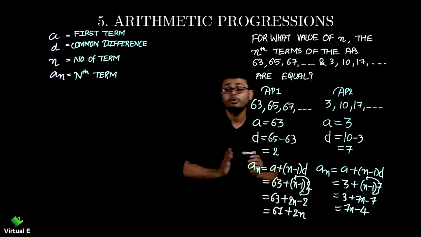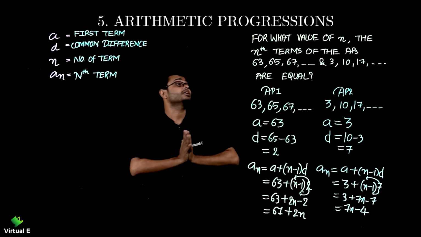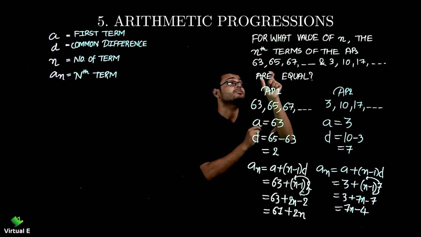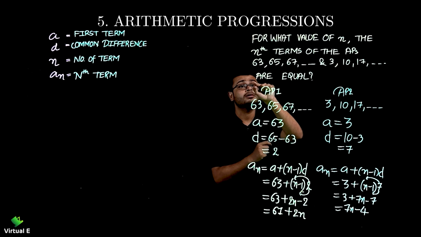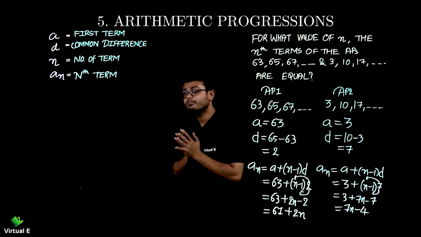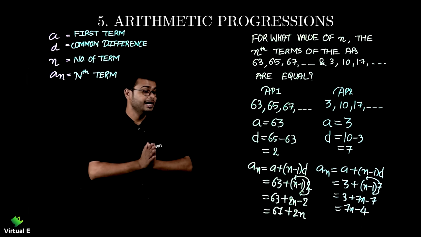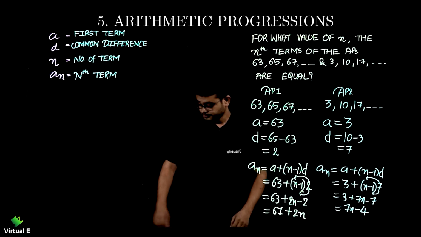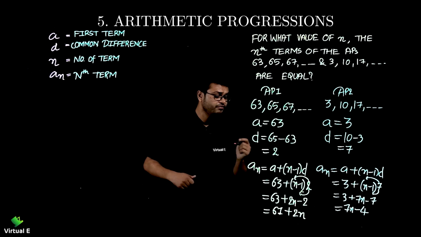Now we do have the nth terms. It is given that for some value of n the terms are equal, so we are going to make the nth terms equal and get the value of n.